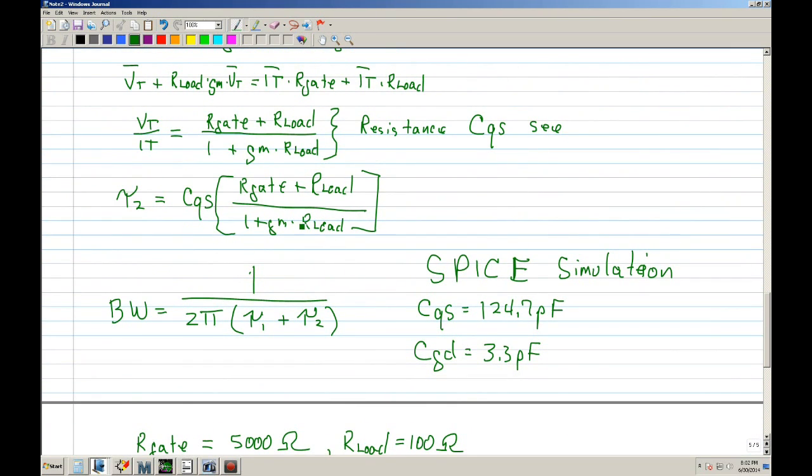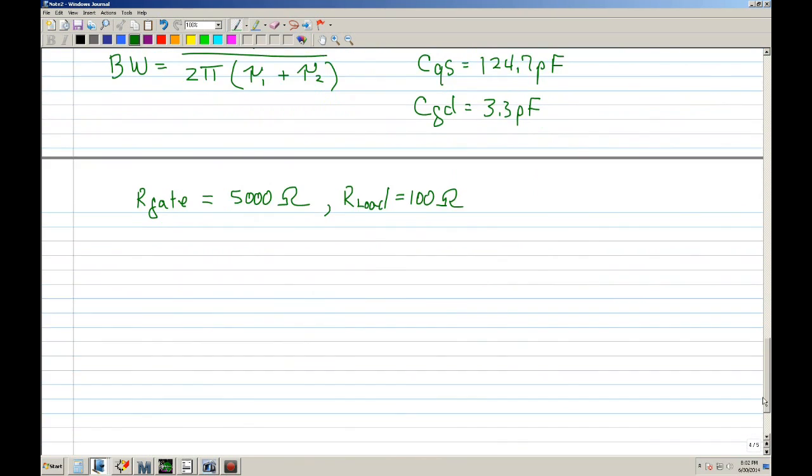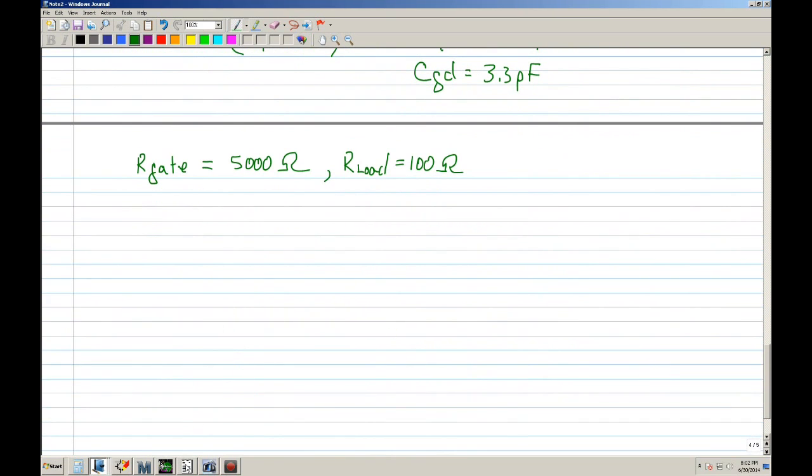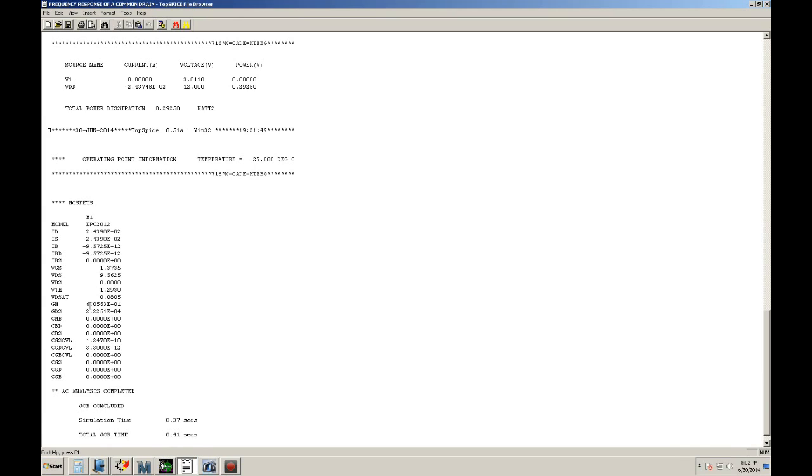Okay, the only thing that I need is GM. Now GM I can get from the SPICE simulation, or I can calculate it, but I don't feel like calculating. I'll let SPICE calculate it for me. Actually, I believe I have it calculated. It's here.